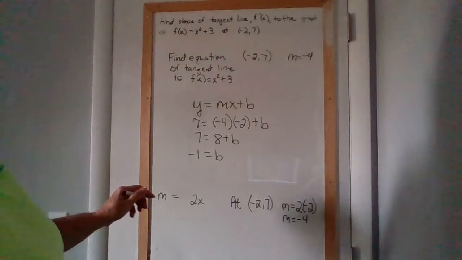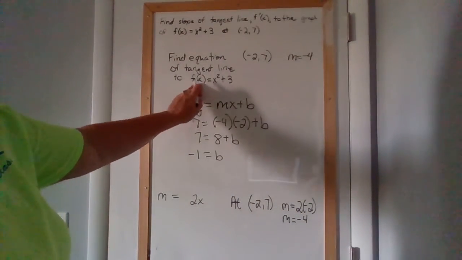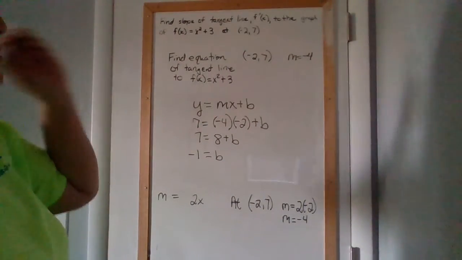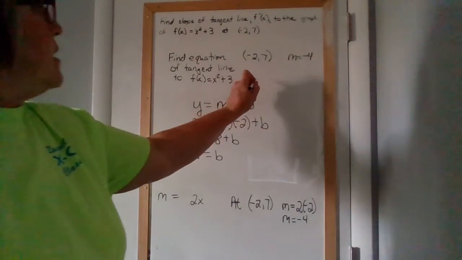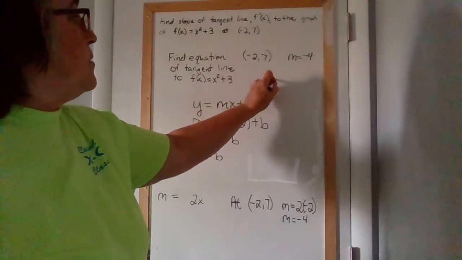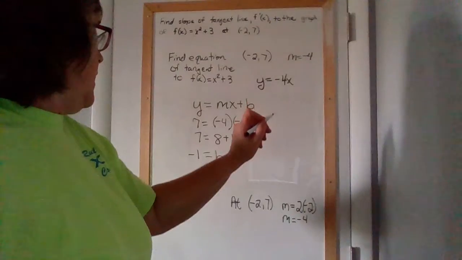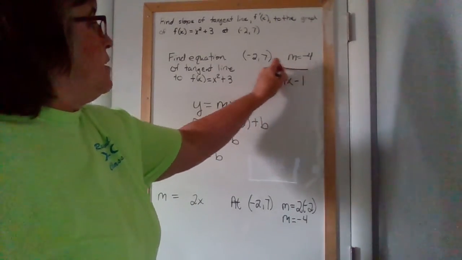So your equation of the tangent line to this graph, f of x equals x squared plus 3, is equal to y equals -4x minus 1.